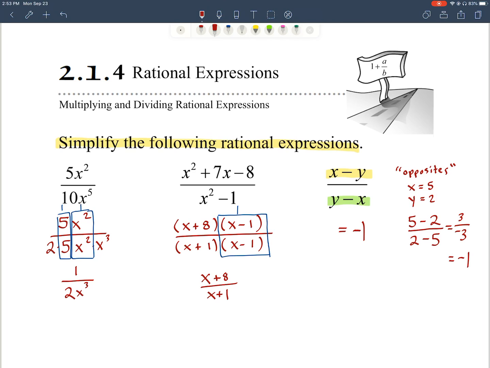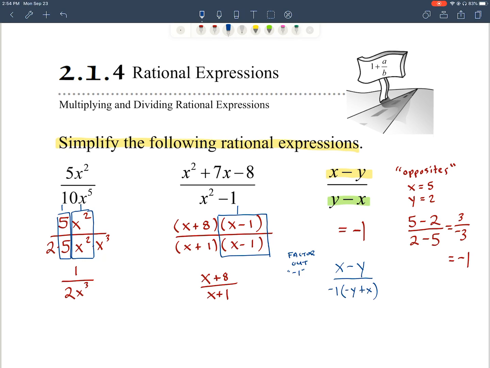Another way you could look at it is, we have x minus y, and if we were to divide it by that y minus x, let's factor the bottom. If we factor out negative 1, we would have a negative 1 times, this would then become a negative y plus x.